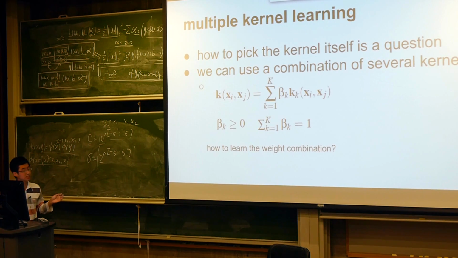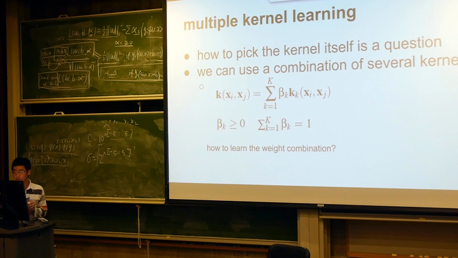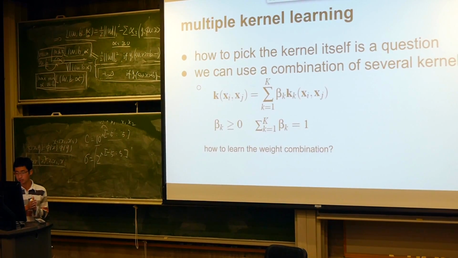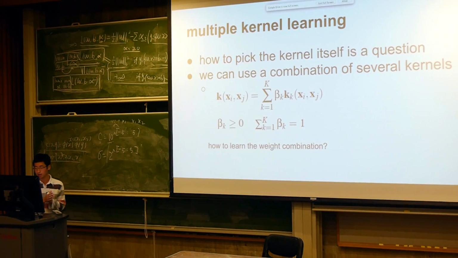So the previous is the basic content of kernels. Now I will talk about multiple kernel learning. Multiple kernel learning is still a current research topic, so you can refer to papers. Here is the main idea. How to pick the kernel itself is a problem.